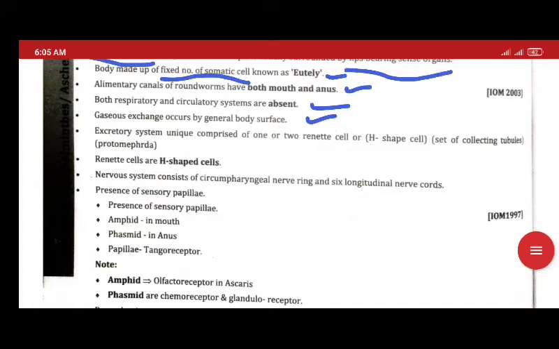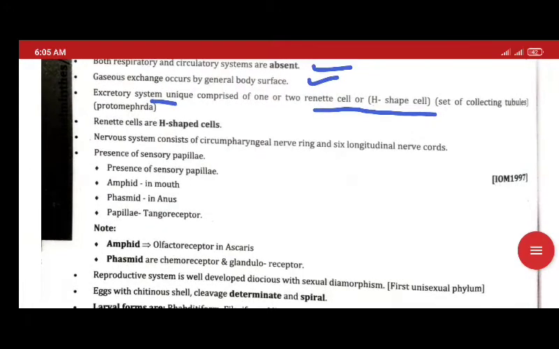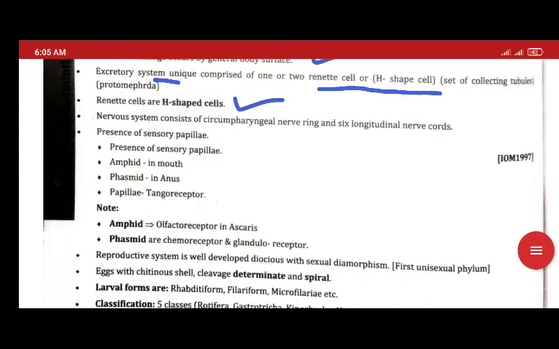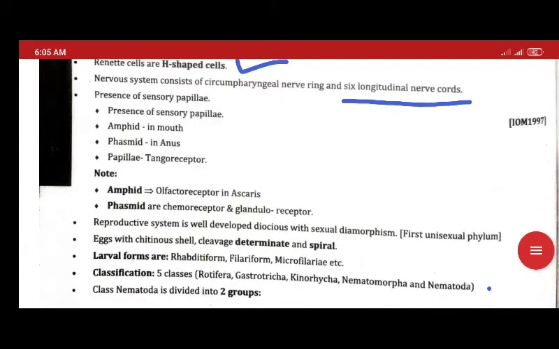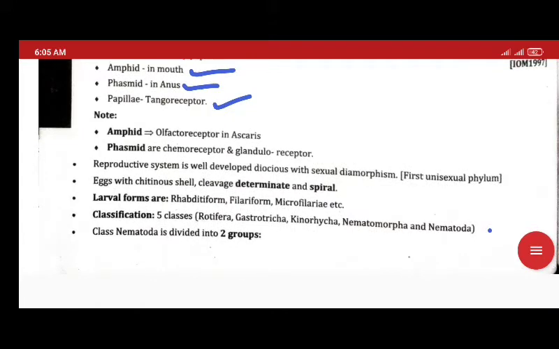Now the excretory system. In this phylum we have renette cells, which are H-shaped cells. The nervous system has a head containing 6 longitudinal nerve cords, and there are sensory papillae like amphid. Amphid is in the mouth and phasmid is in the anus. Papillae are tango receptors, meaning for touch, not for taste.